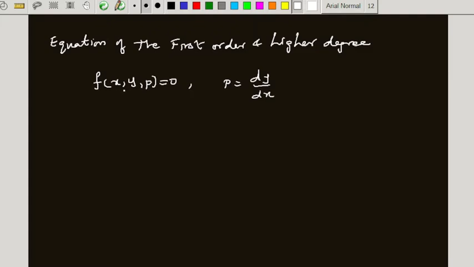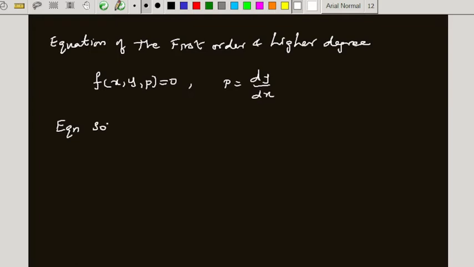This type of problem we can solve by equations solvable for x, y, p. Here three cases are there. First we discuss equations solvable for p.